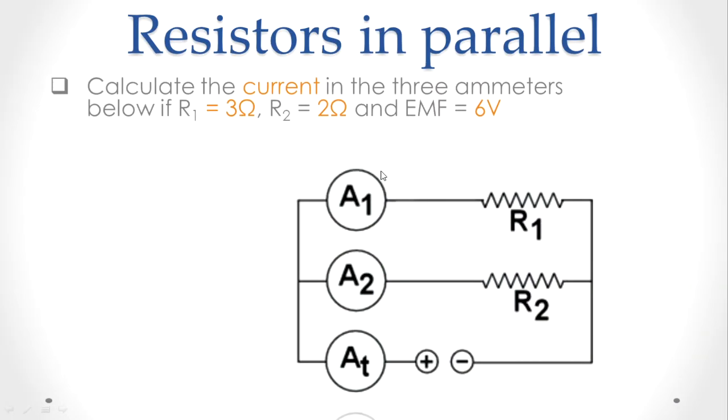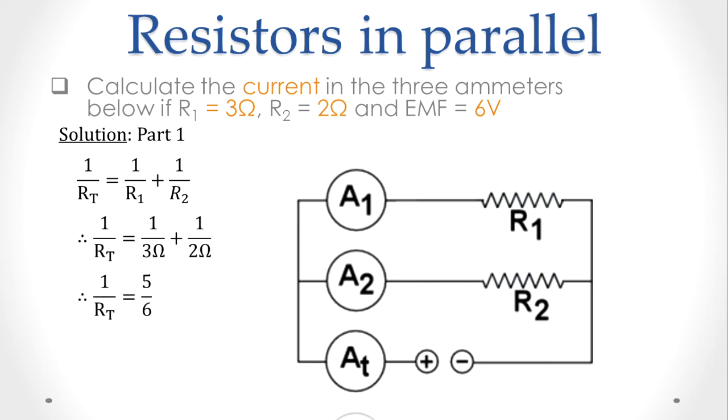If we wanted to calculate the current in the 3 ammeters below, and there's the information for the resistors and the respective resistances, and that is the EMF, the voltage of the circuit. So now, before we can calculate the current, we would have to calculate the resistance.